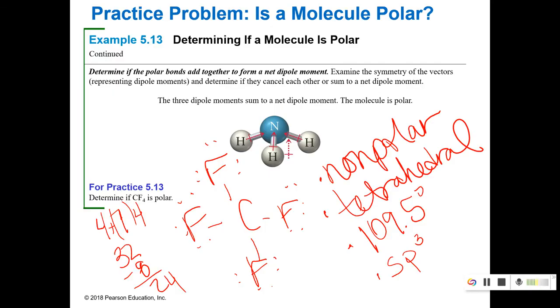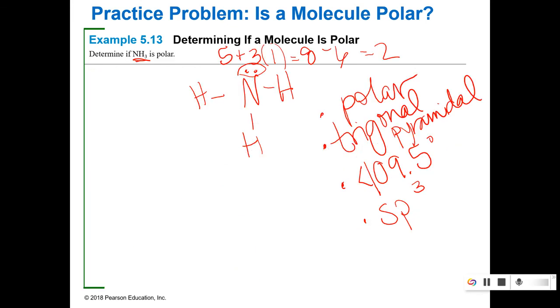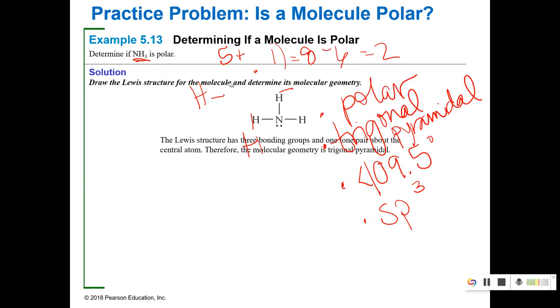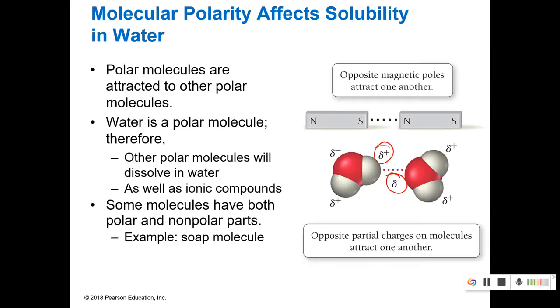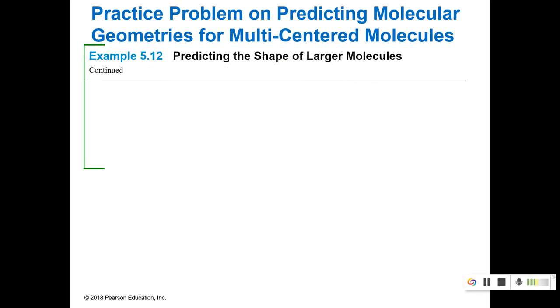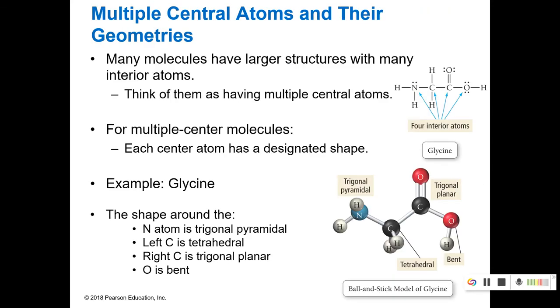So going back, this molecule has 4 sigma bonds because they're all single, and there are no pi bonds. Going back more, NH3. This one also has 3 sigma, 0 pi, because there's no double bonds. But if we go back even farther into our last video, there are some more.